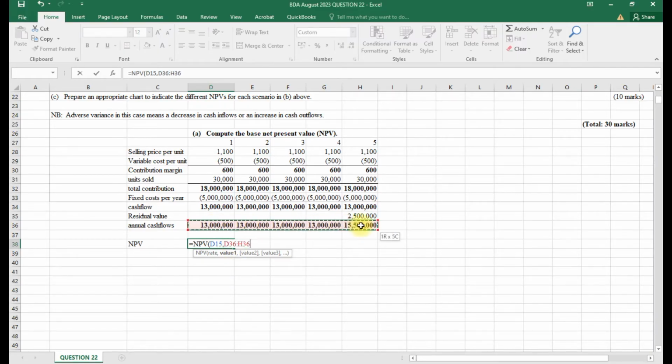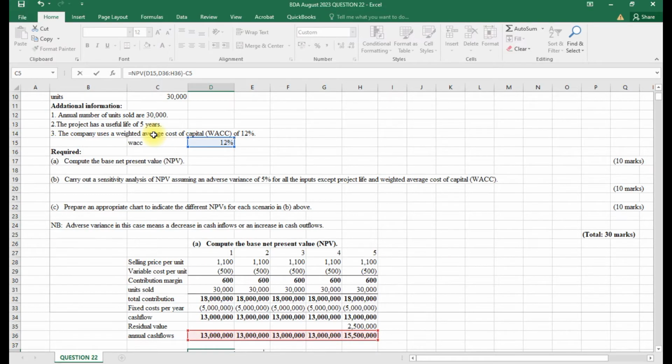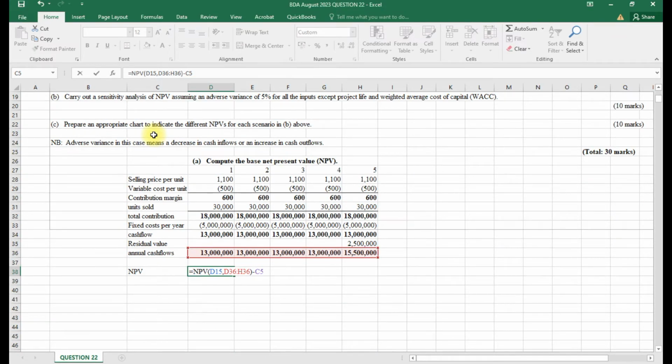I'll highlight my cash flow up to that. I close the bracket and I will minus my initial. Remember, my initial in this case was here, my initial cost of capital, which is 40 million. Yeah, I'll minus 40 million because already that is 40, and I enter. So that will be my base case NPV, my base case NPV.